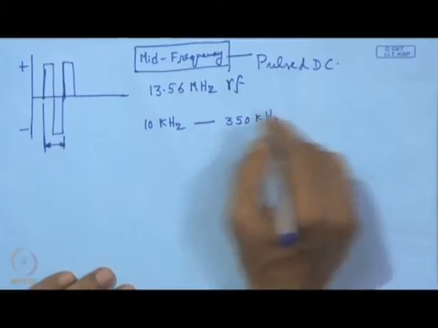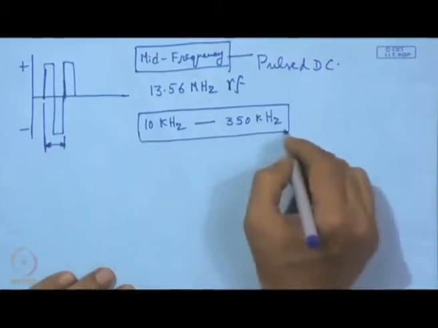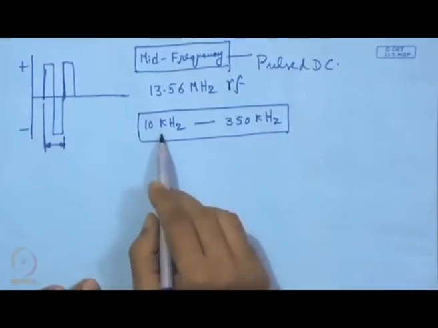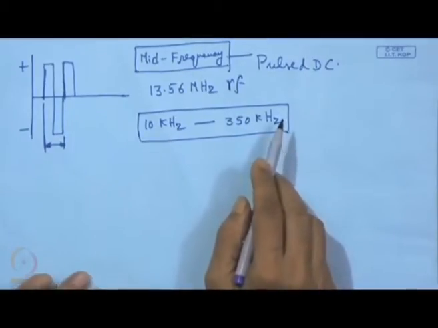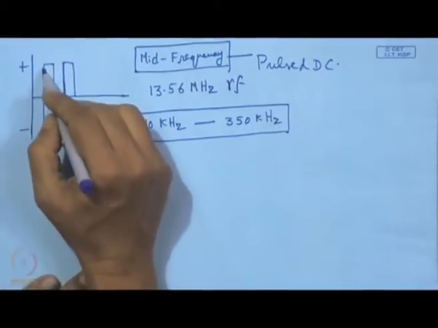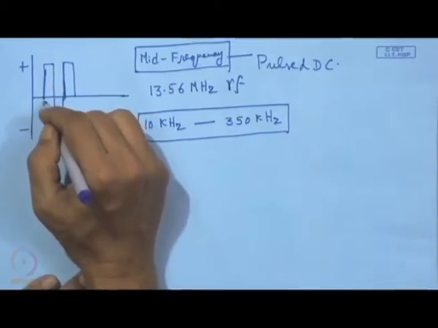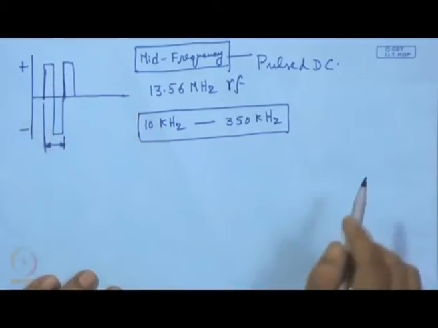That power supply is available commercially and for use. So, this is a zone which we call mid frequency, 10 kilohertz to 350 kilohertz, and here one can change the pulse width and also the magnitude of the pulse.